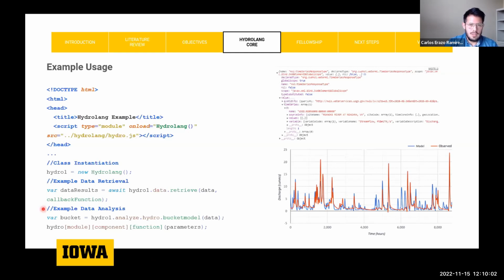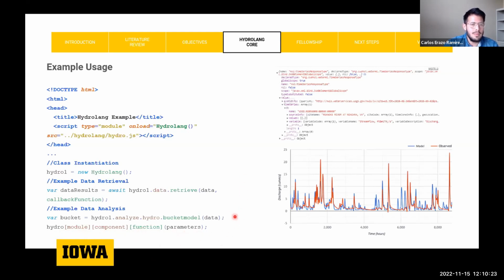So just to give you a highlight, it's running through this specific notation. The class that is running this instance of the core module can be accessed through the dot notation. So module, component, function, and afterwards the parameters that are running for that specific function.